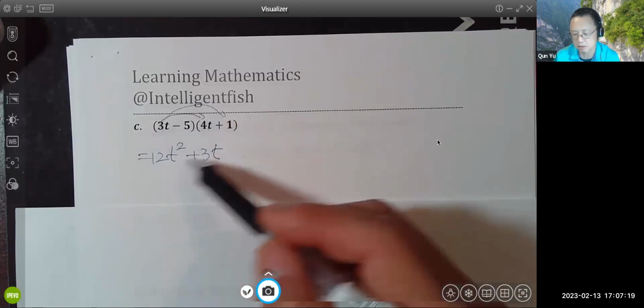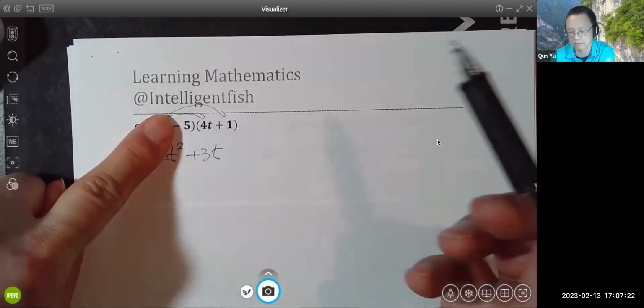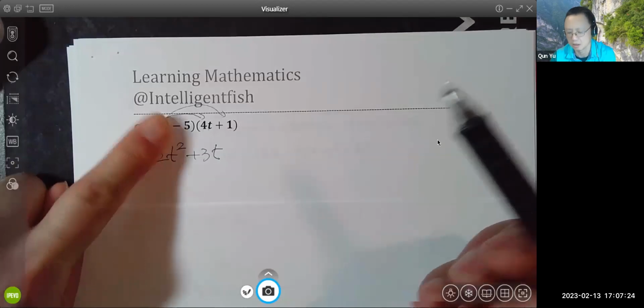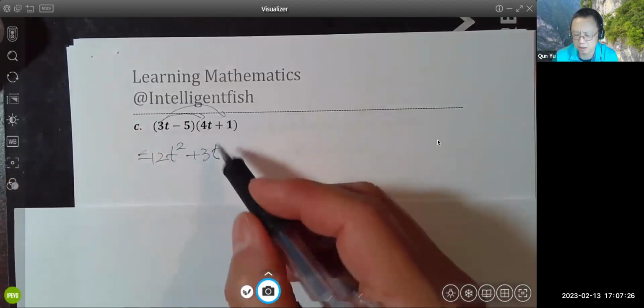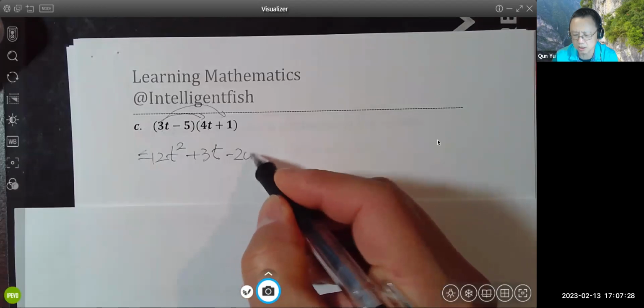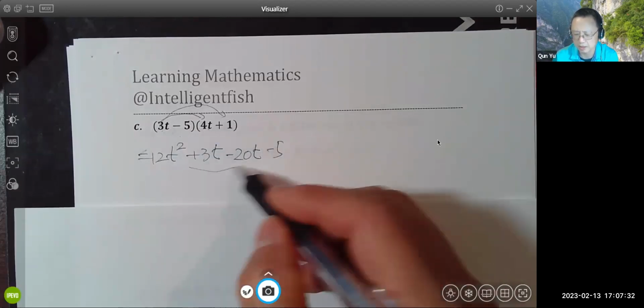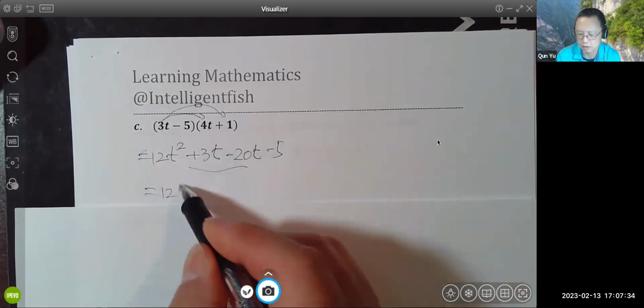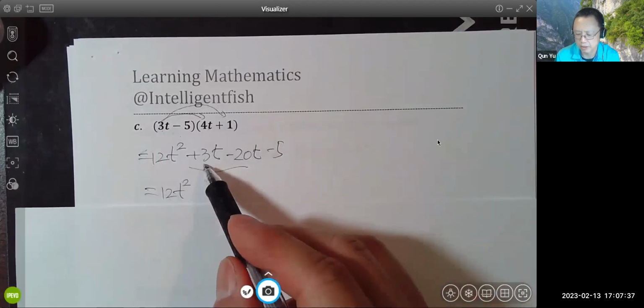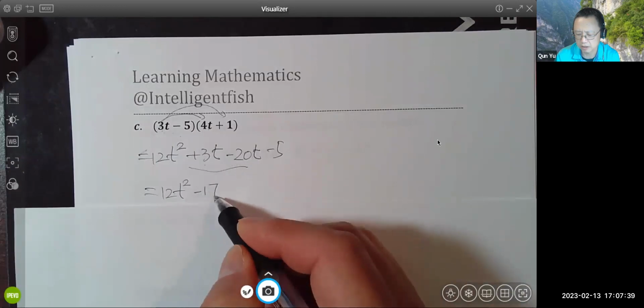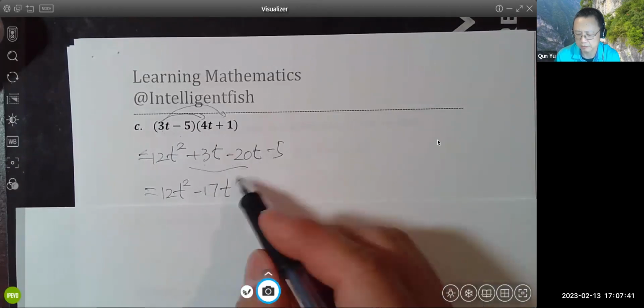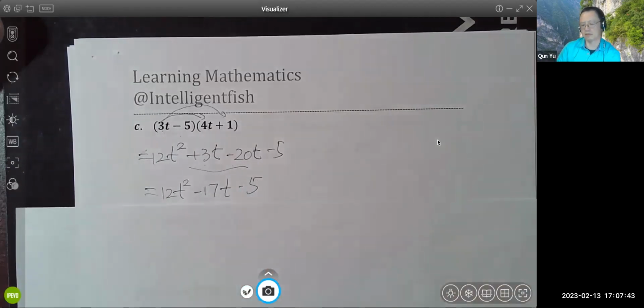It becomes part of this. This whole thing is gone. You just have negative 5 left. So negative 5 times 4t, that's negative 20t. Negative 5 times 1, that's negative 5. Combine like terms. 12t squared, 3 minus 20, negative 17t, and minus 5. And that's the final answer.